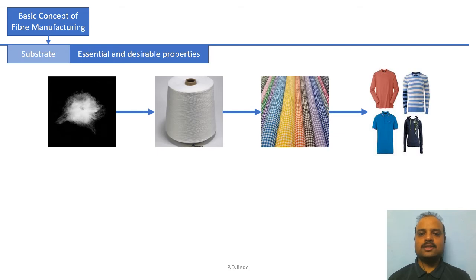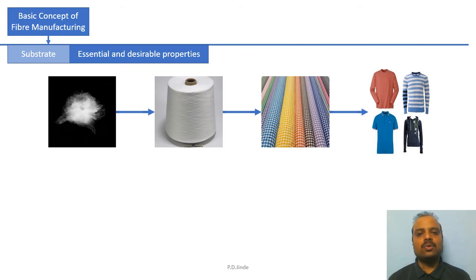Let's take the example of human hair. It is also called a fiber, but it is not a textile grade fiber. What is the difference between human hair and other textile grade fibers? The difference is in properties. Textile fibers have certain essential and desirable properties that human hair does not.